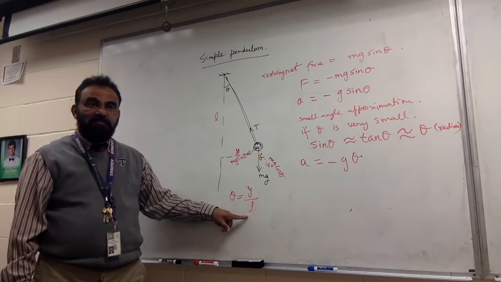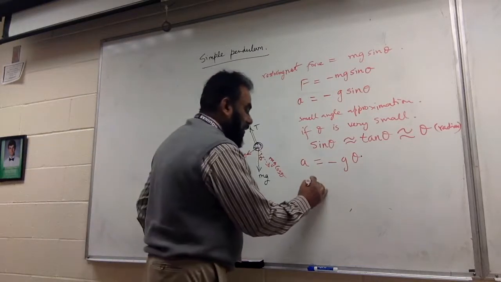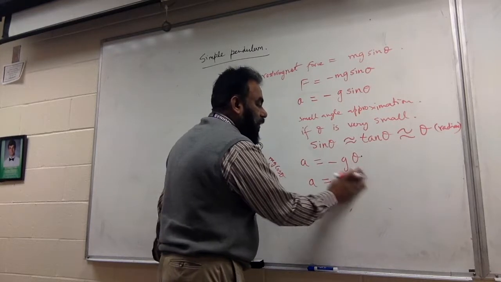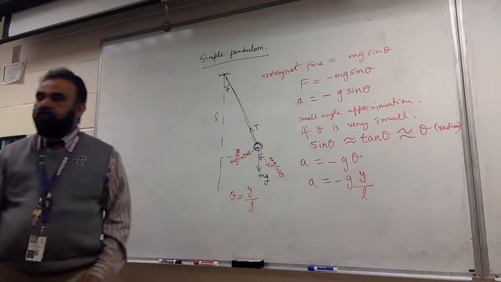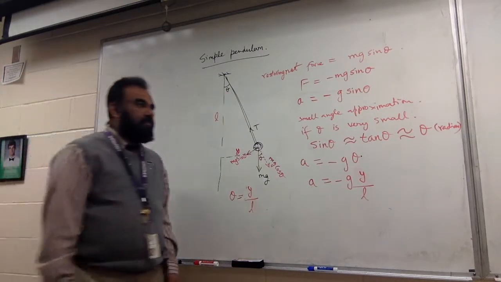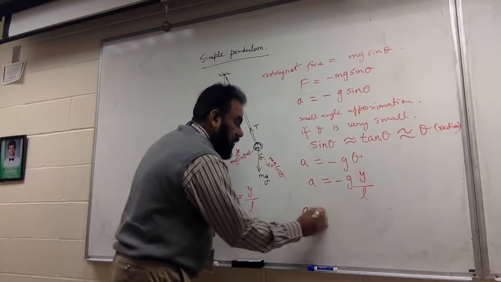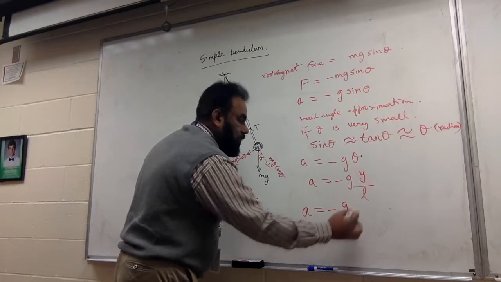Do you understand this? We've done this in detail in circular motion. So bring that here. Acceleration is equal to negative g times y over L. And I can rewrite that as acceleration is equal to negative g over L times y.